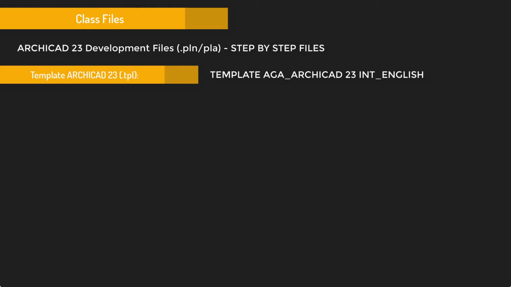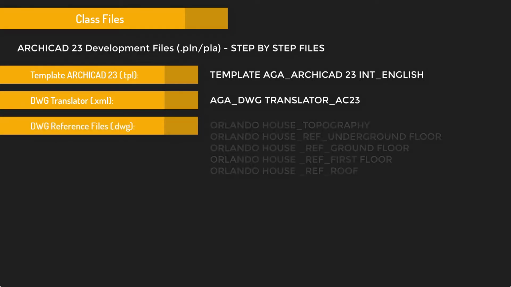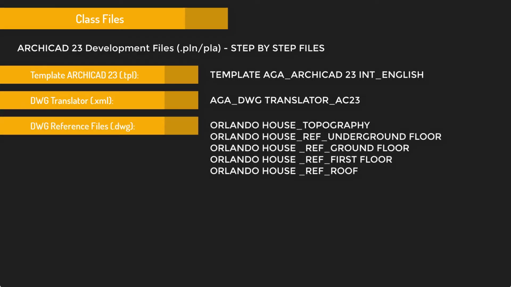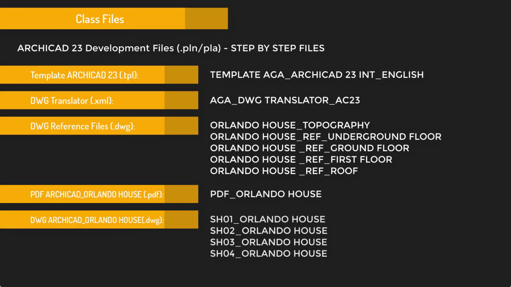It has some predefined settings like layer combinations and pen sets. We also have the DWG translator with specific configurations to export files to AutoCAD, the DWG references from Orlando House, and finally the files in PDF and DWG generated as the result of the project.